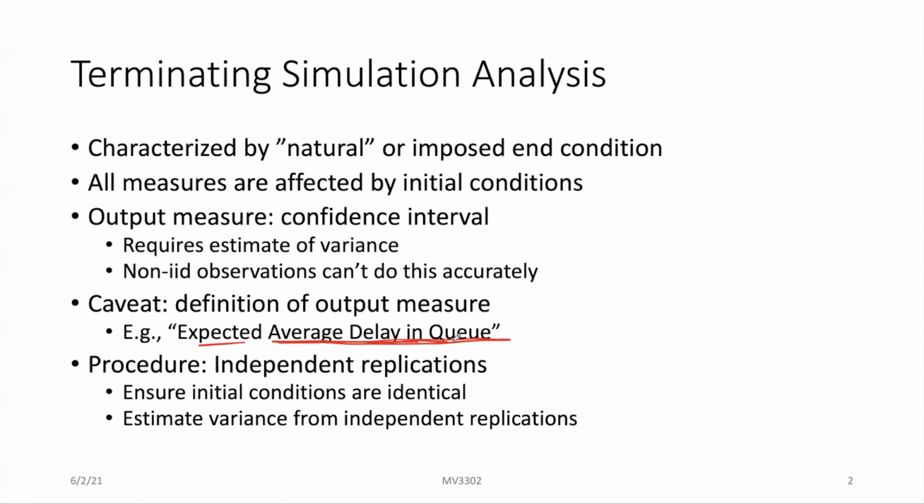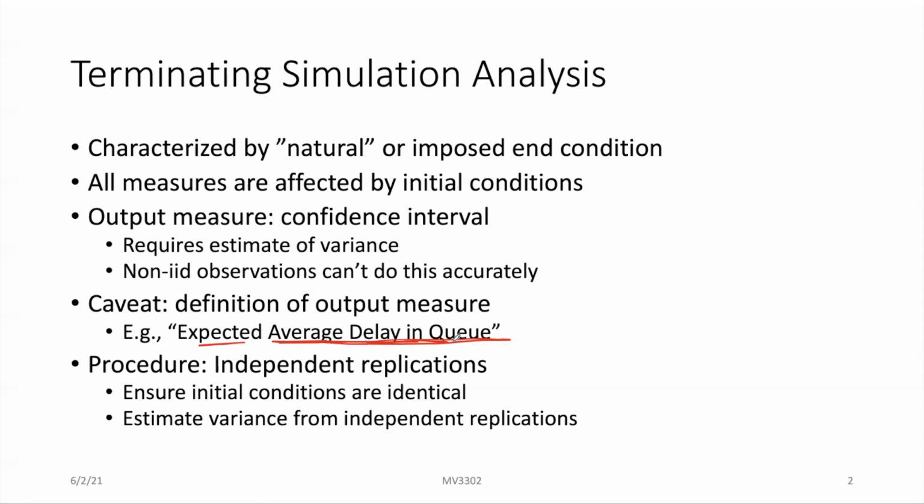In particular, the very first guy in is always going to have a 0 delay in queue. In fact, if I have K servers, the first K customers are going to have a 0 delay in queue, and then the next one is going to have a distribution which could either be 0 or some other value. After the first K guys, the expected value is going to be positive.